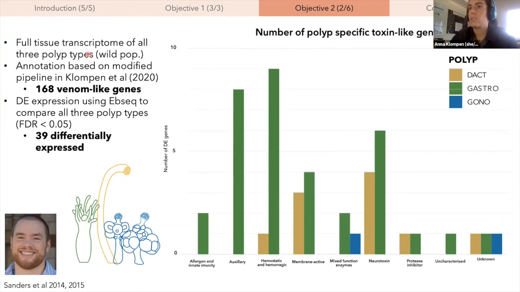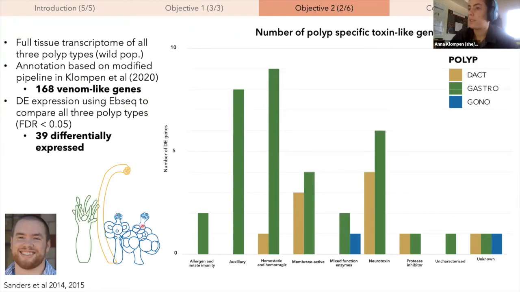I took this transcriptome and annotated venom-like genes, and I captured a little under 170, which is fairly reasonable for a Cnidarian. I categorized them into biologically relevant functional groups, and then did differential expression using EBSeq.